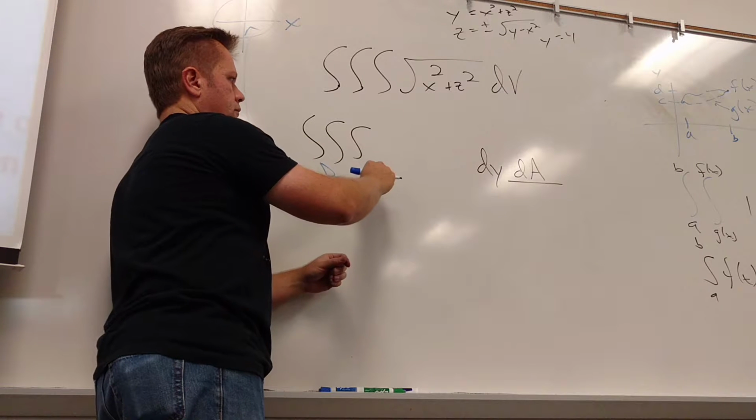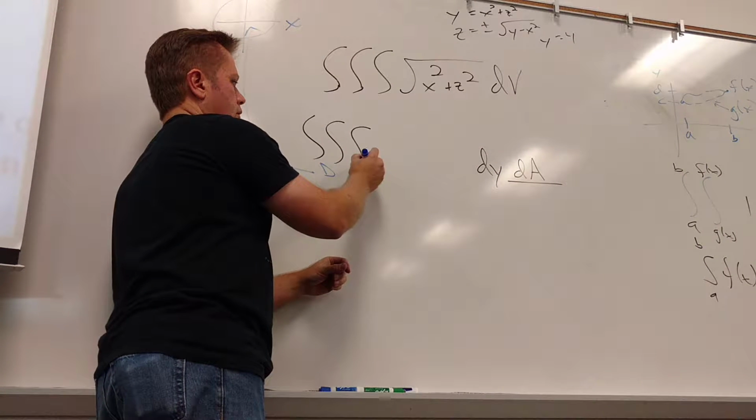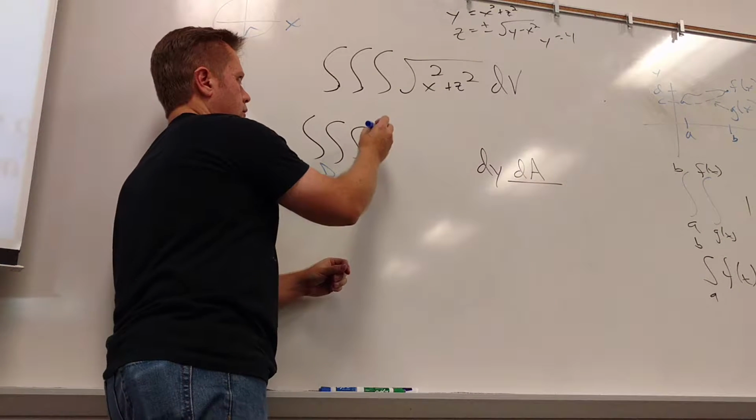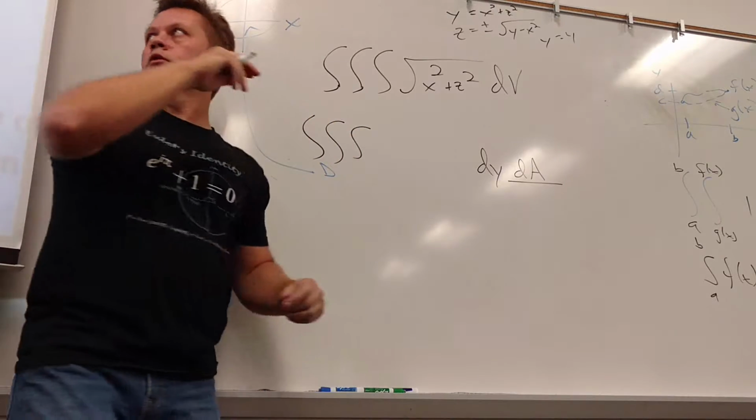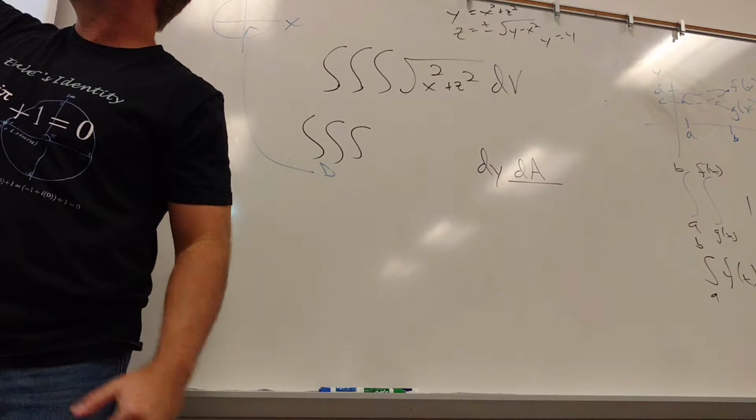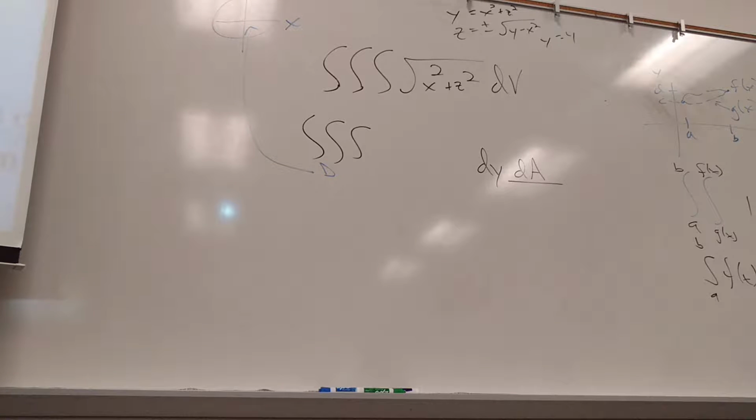What's y going to do? So any y starts at x squared plus z squared, and then if I go from 0 to 4, I'm going to get like a block. Do you guys see that?